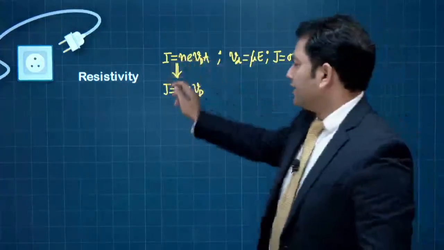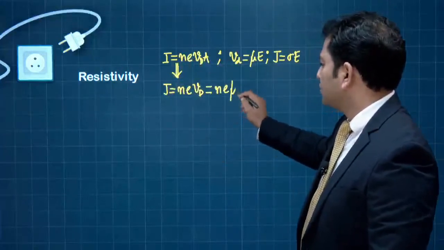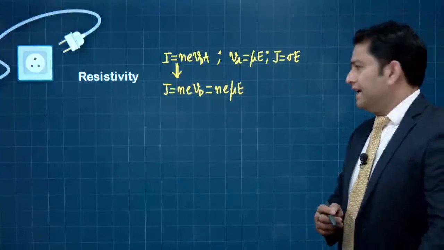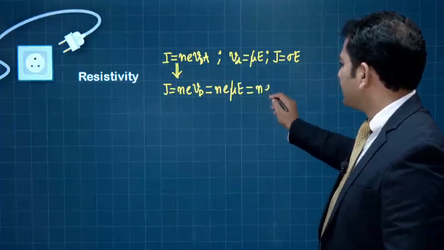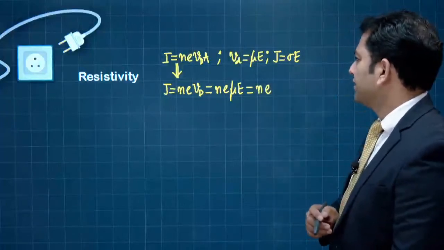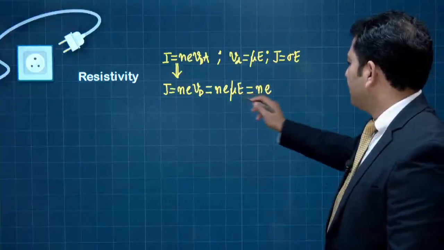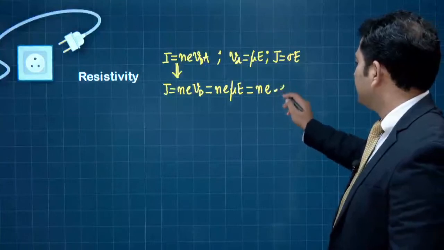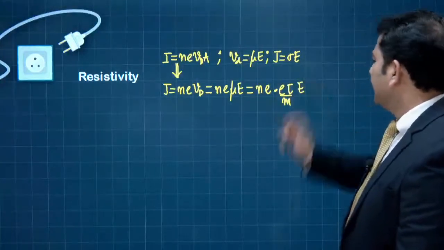Okay, now the given expression will be J equals Ne multiplied by Vd. That's what you get. I by A, that's J, and I know that Vd is mu times E. I know that, right? And similarly, mu is e tau by m. That's what we got, right? So E tau divided by m multiplied by electric field.